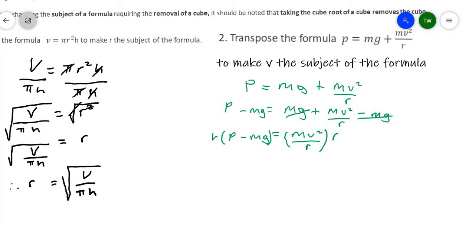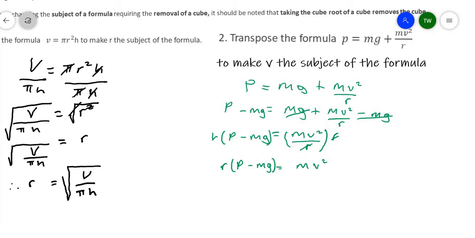So clearly here, r in the denominator will cancel out r in the numerator. So what we're left with on the right here is just the numerator, which is mv squared. And over here, we have r times p minus mg.